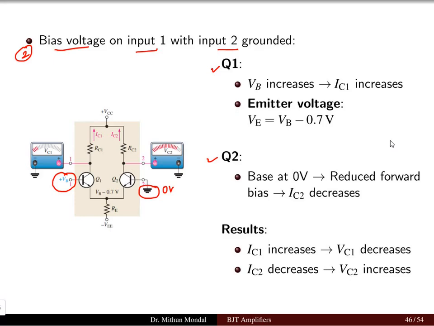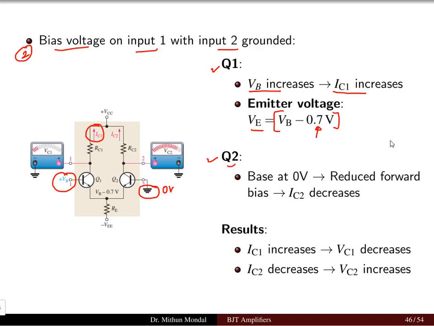If biasing is applied to Q1, which increases the voltage of the base, collector current IC1 will increase. Here IC1 is coming from the output of transistor Q1. Then the emitter voltage is equal to the base voltage minus 0.7 volt, which is the forward voltage drop for the transistor.